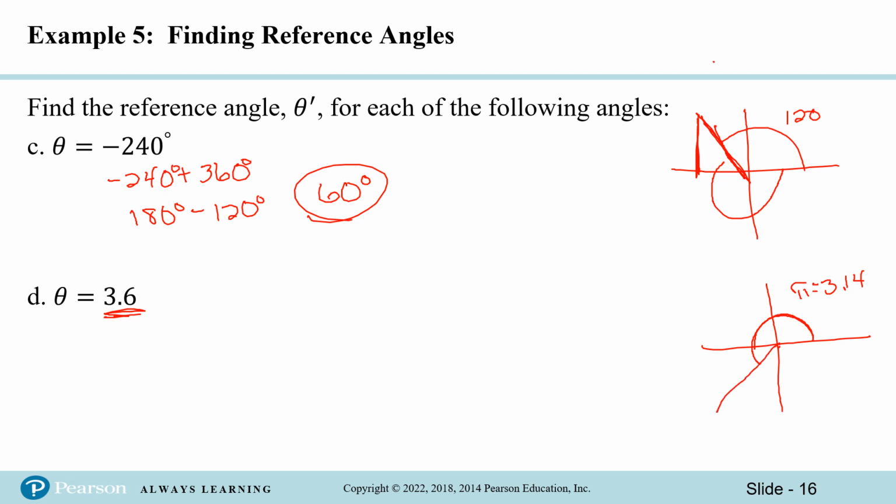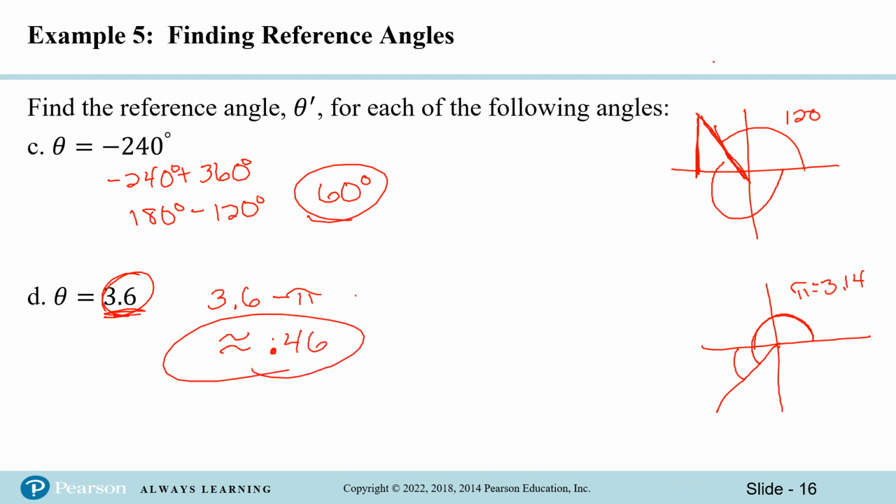So there's my angle. So I need to take my angle and subtract off pi. So 3.6 subtract off pi. And that will give me approximately 0.46 is the reference angle. It's rare that you have to do that. Most of the time, if it's in radians, you're going to have a pi attached to it.